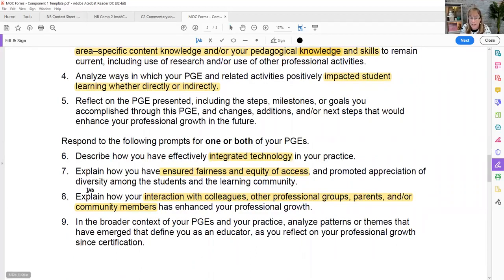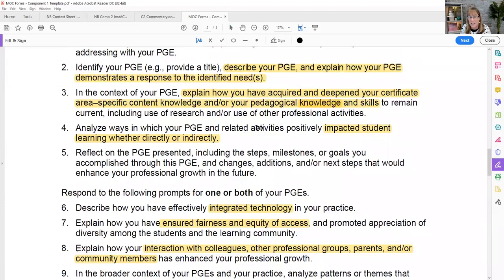You do not have to answer all 4 of these questions in both PGEs, but if it's relevant and you can, go for it. It just makes it even stronger. But definitely, if I were advising you from a coaching standpoint, I would say number 5 and number 9 get answered at the end, and everything you see here in yellow gets mixed together. So that's what I would say to you.